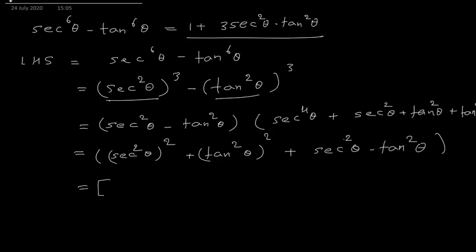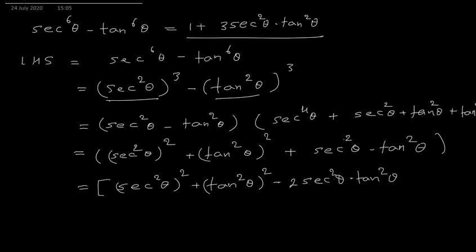So here it is sec square theta the whole square plus tan square theta the whole square minus 2 sec square theta into tan square theta plus 2 times sec square theta into tan square theta. So this is the adjustment.